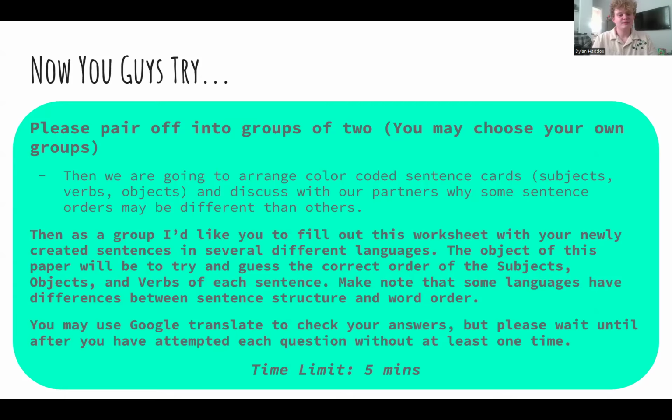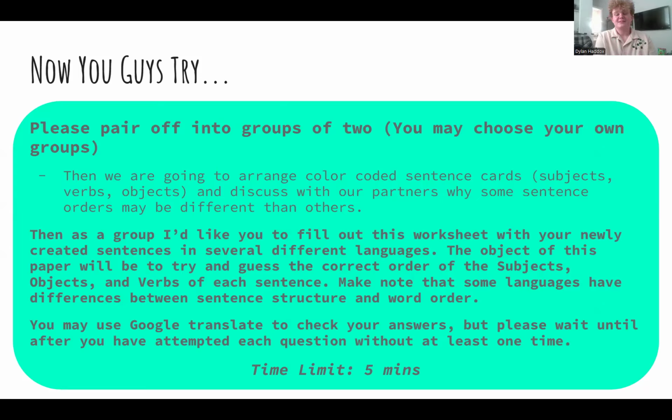Then as a group, once you're done with that discussion, I would like you to fill out this worksheet that I'm going to hand out with your newly created sentences. You're just going to write them in, in each language. This is before you've checked them, okay? And the object of this paper will be to try and guess the correct order of those subjects, objects, and verbs.